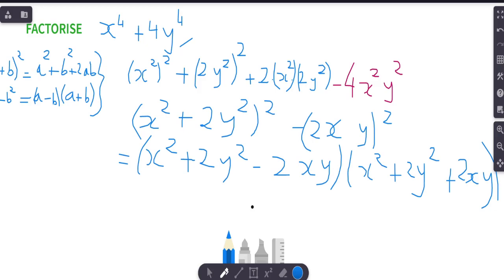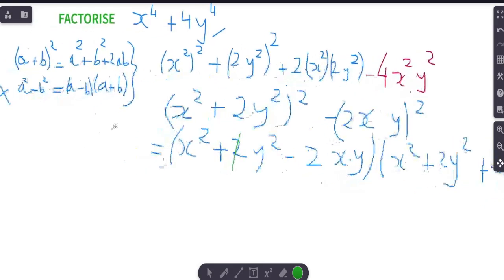But if we look closely, we can notice that we can still factorize it again, because here, if we could get rid of the 2, we would have a common identity. If I remove the factor 2 here, we have x squared plus y squared minus 2xy. Okay, so this is another common identity.